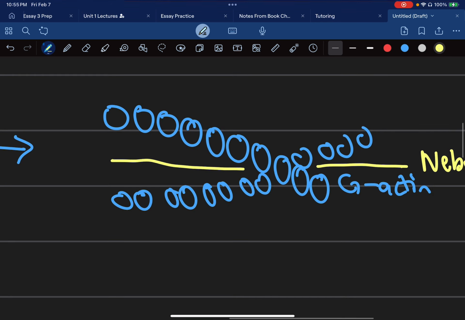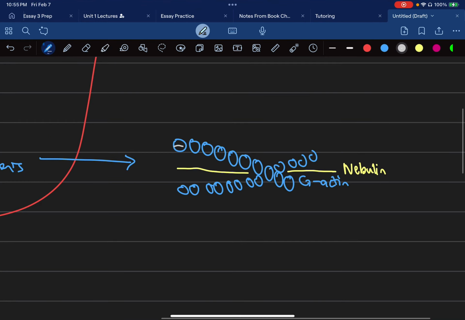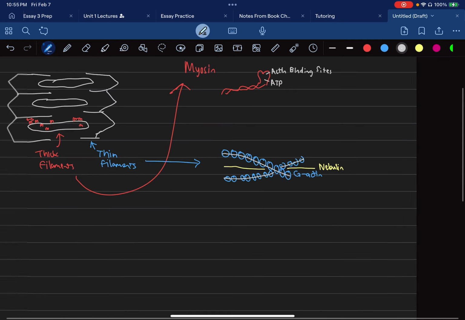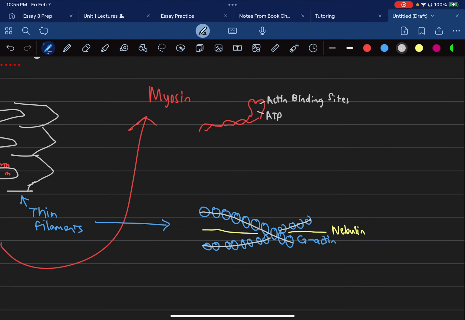And this G actin is not going to just be open. It's actually going to be covered by something called tropomyosin. The tropomyosin is going to be covering all of these active binding sites because, again, the myosin here has actin binding sites.